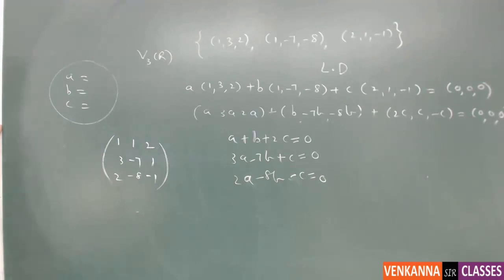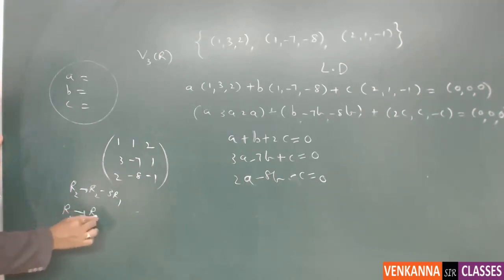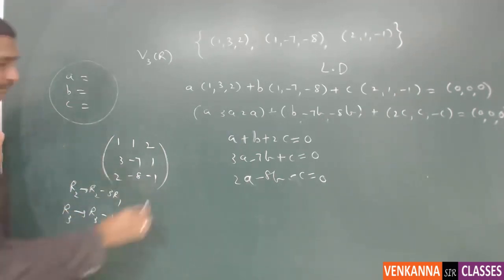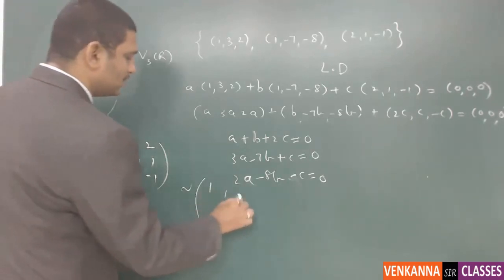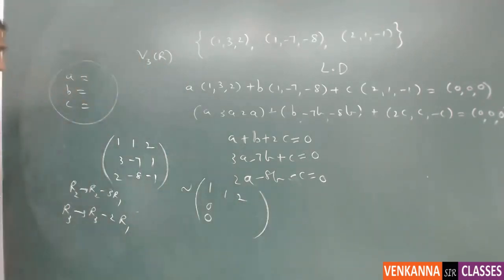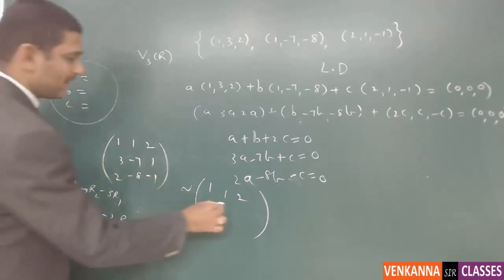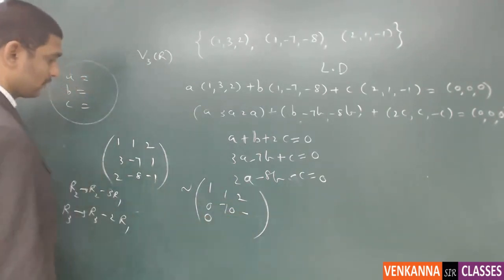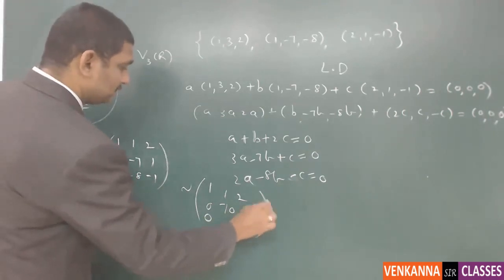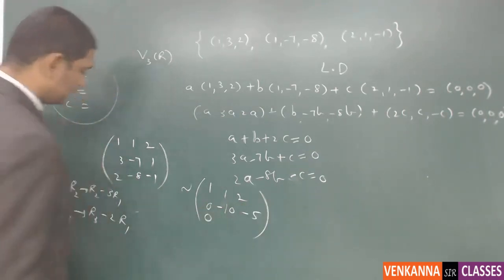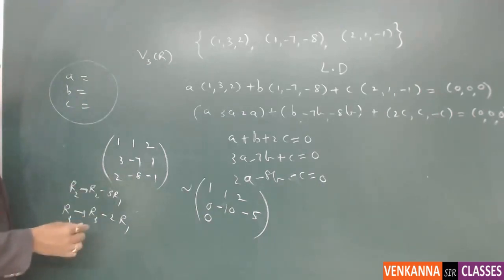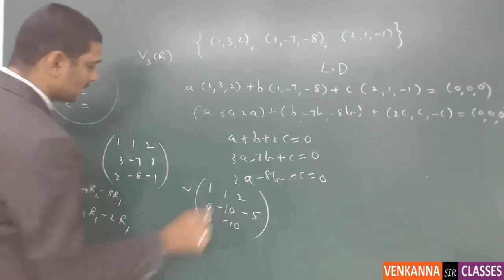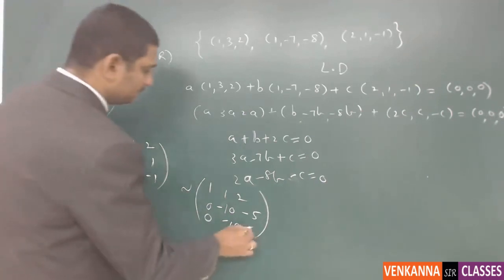If you apply the row operations, R2 tends to R2 minus 3R1, R3 tends to R3 minus 2R1, it will be equivalent to 1, 1, 2, 0, minus 10, minus 5, 0, minus 10, minus 5.